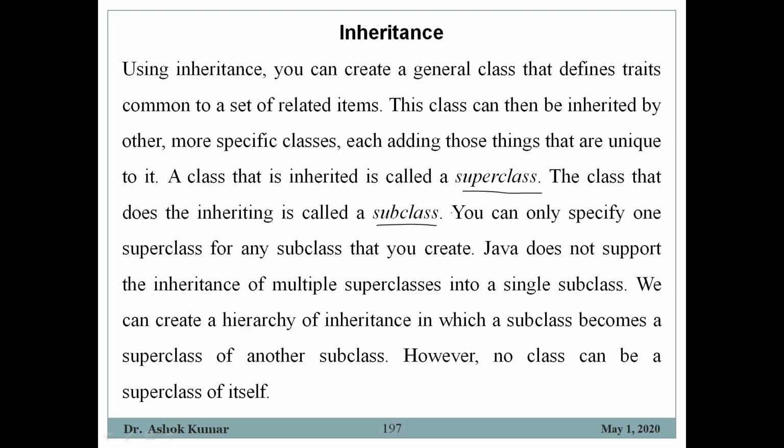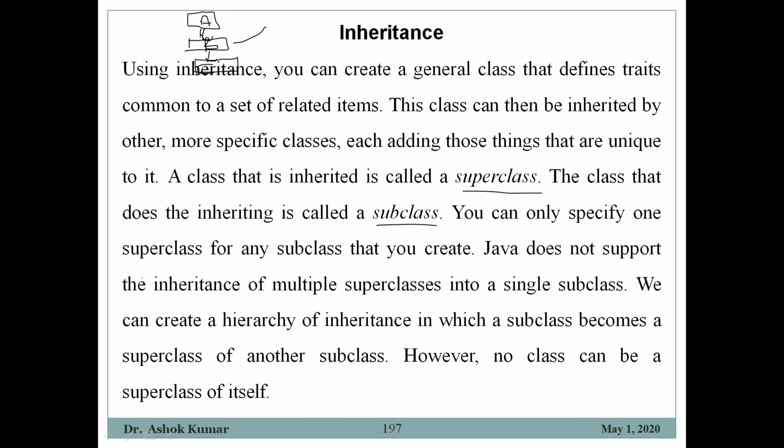Then we can have multi-level inheritance, where from a class, let's say class A, another class, let's say class B, is inherited, and from class B another class is inherited. In such a structure, a derived class, or subclass, this B, becomes the superclass for another class C over here, and such type of inheritance is called multi-level inheritance.